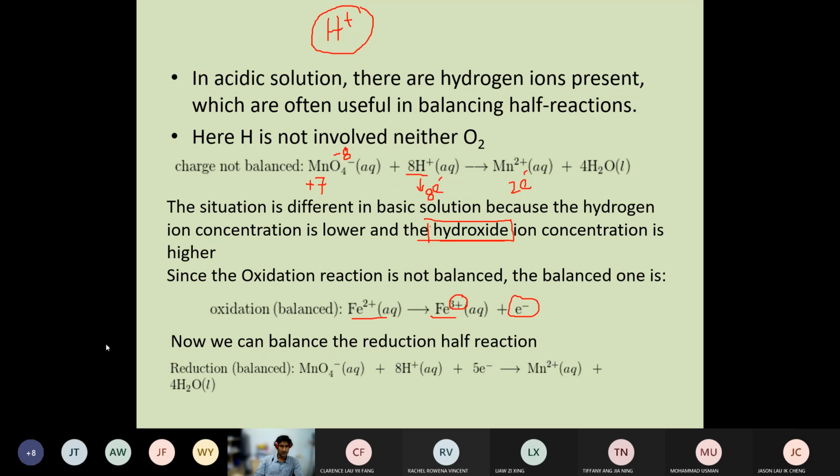Forget about the charge on them, but here it involves 1 electron. If we equate both sides, it is 8 positive 1, 1 negative, and 2 positive as well.